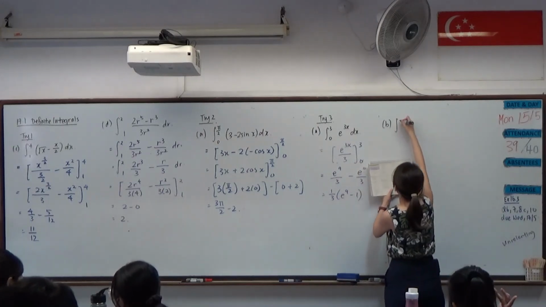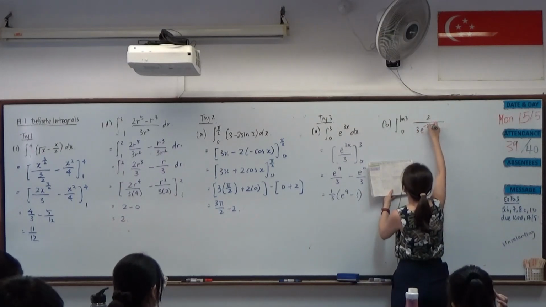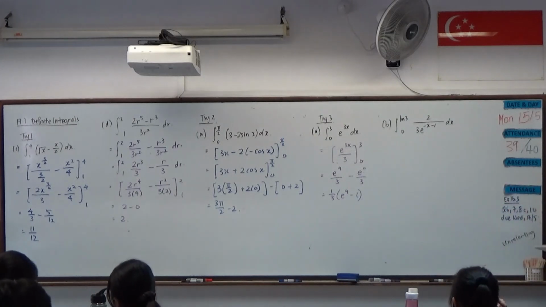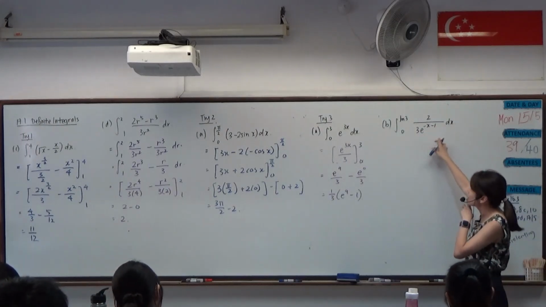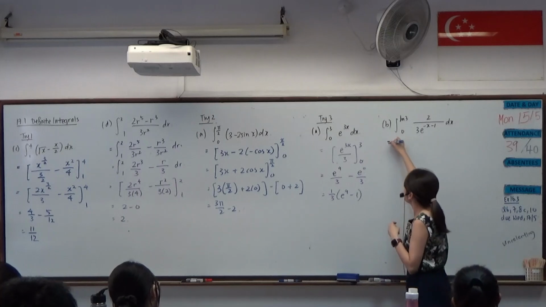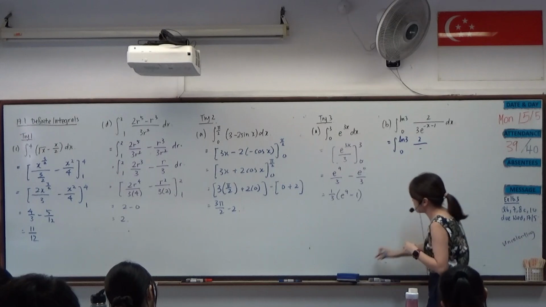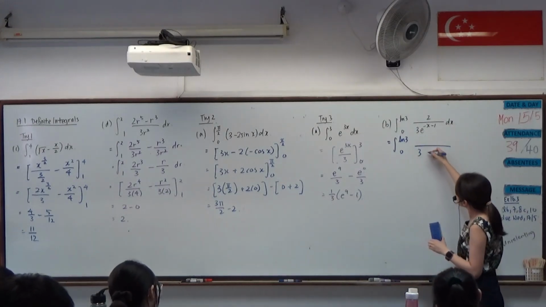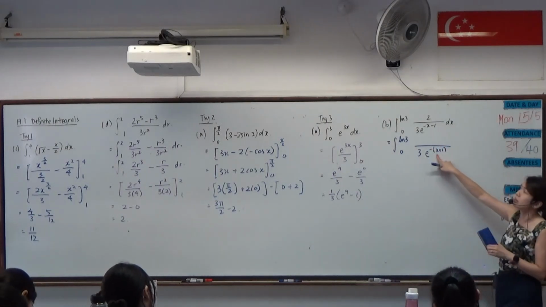Followed by part B. For part B itself, not as straightforward when it comes to the integration because of the denominator, because the e function appears in the denominator. However, we can resolve that problem by recognizing that the e function itself is the same as e to the power of negative x plus 1, where I factorize out the negative sign.